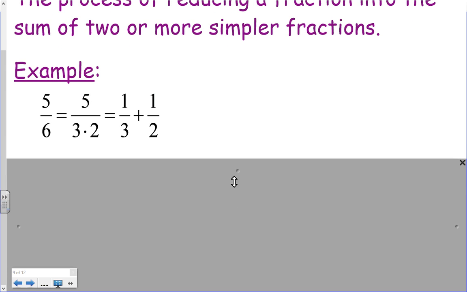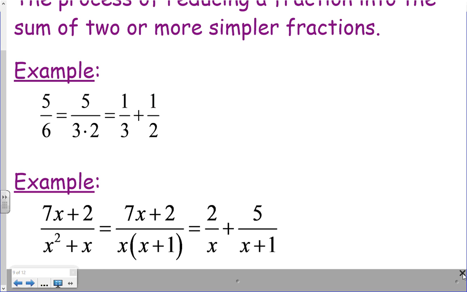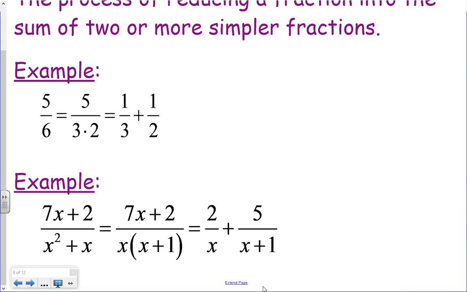This extends to rational functions as well, or rational algebraic expressions. If I have something like (7x + 2)/(x² + x), and I want to resolve this into its partial fractions, that is, I want to come up with two or more simpler fractions that I could add together. Again, the first thing you have to recognize is that that denominator factors into x times (x + 1).